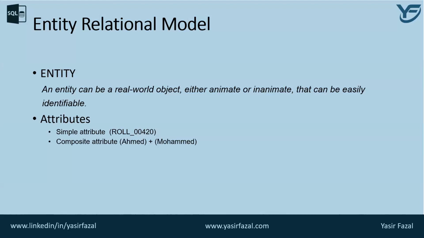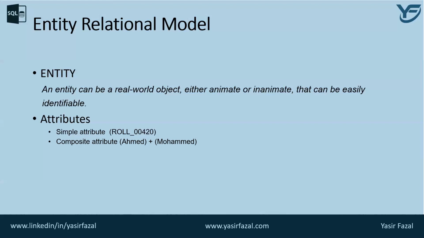Next one is the composite attribute. A composite attribute is a concatenation of two or more simple attributes. So composite attributes are made of more than one simple attribute. For example, a student name may have a first and last name.